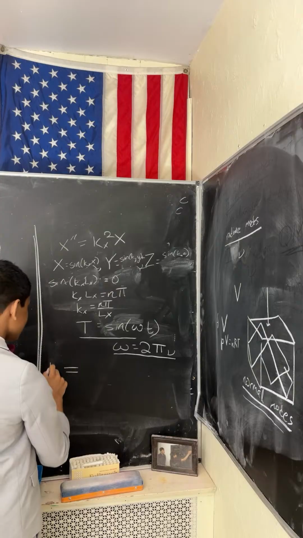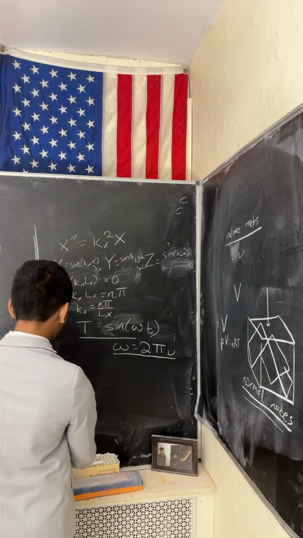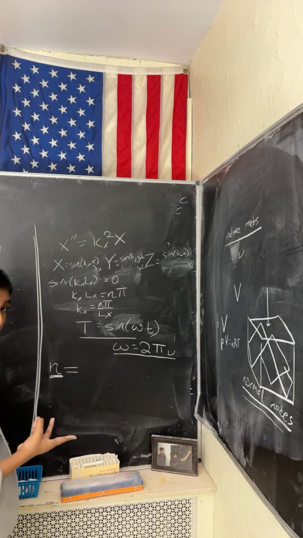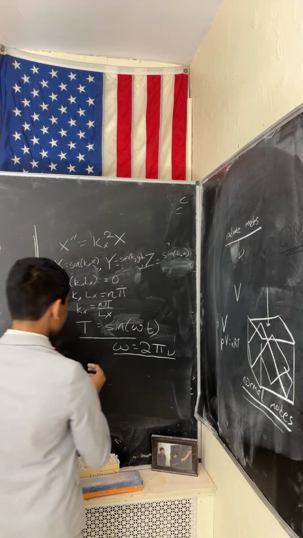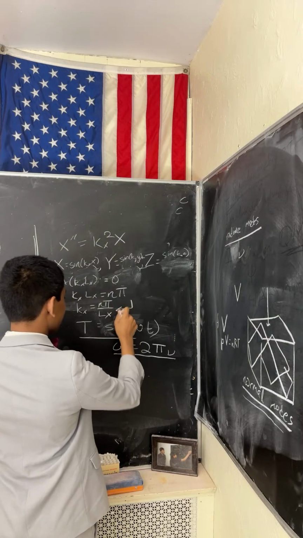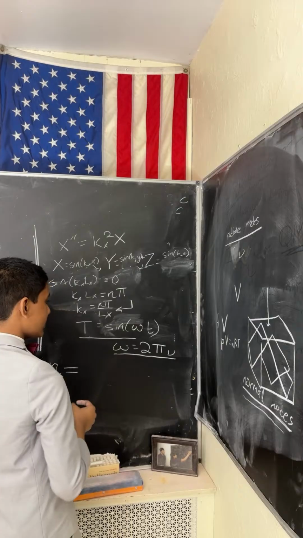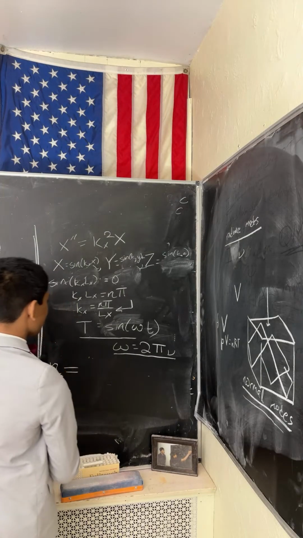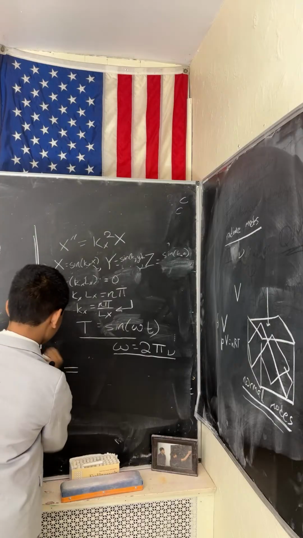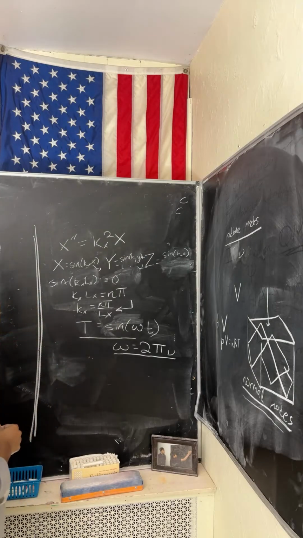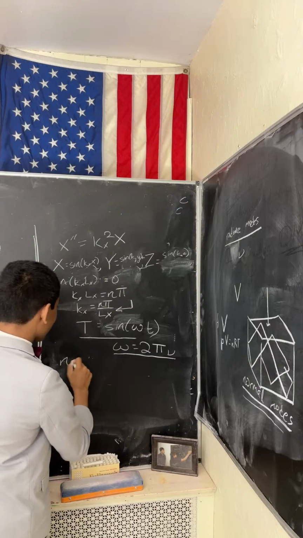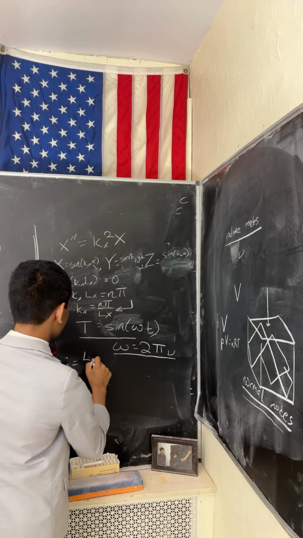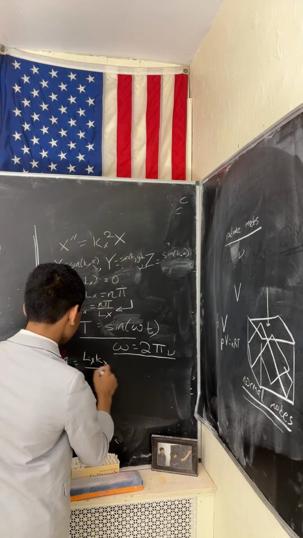We're essentially just taking n. And what is n proportional to? Well, it's going to be dependent on what's in here. Sorry. So we're going to get n is equal to Lx kx over pi.